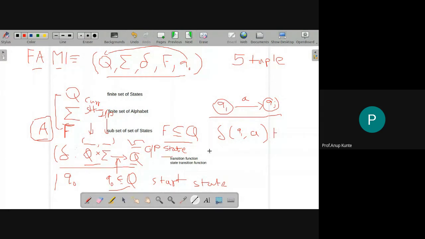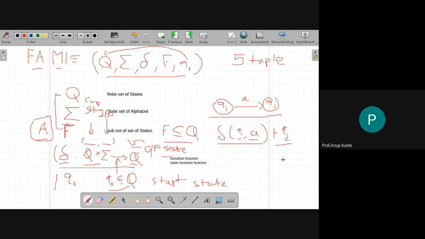This says that when I call the delta function with qi comma a, this is going to produce output qj. That means it will change my state to qj. So this is the transient behavior that this function delta captures. So delta has two inputs, the current state and the current input, and one output, the next state, or the output state.